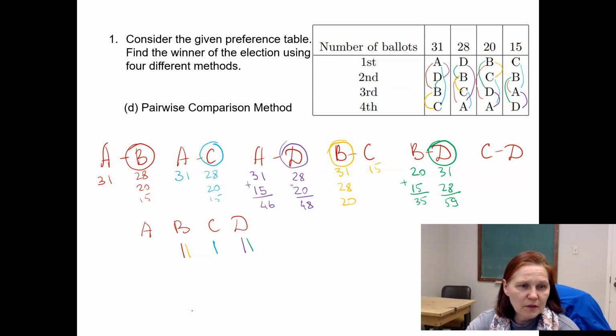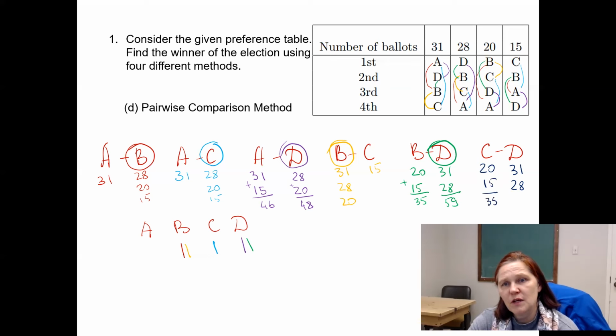We compare the ballots for C and for D. C is below D on 31 ballots, 31 points for D. Then the next 28 points for D, and C is above D on 20 ballots and on 15 ballots.